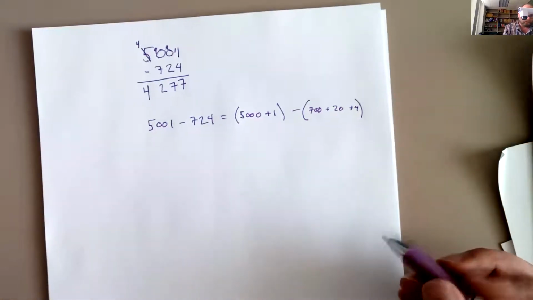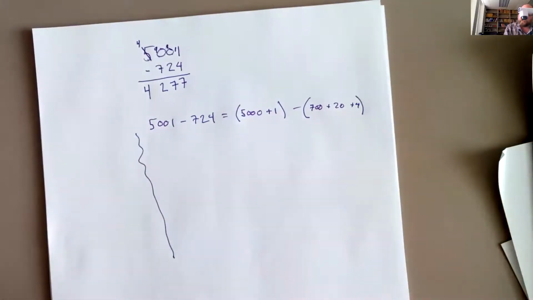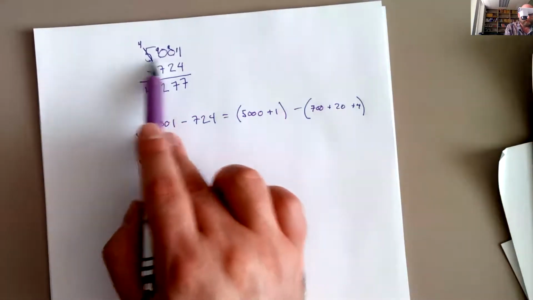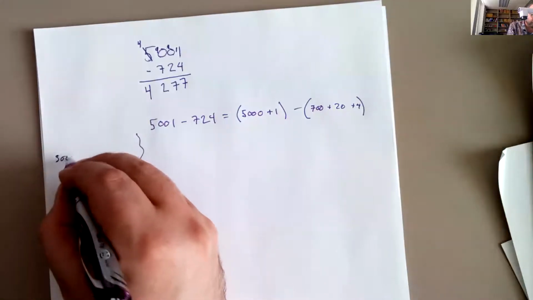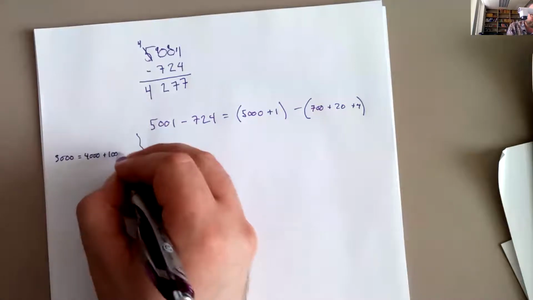So what we need to do, and I'm going to go sort of off to the side here, we need to pull 1,000 from the 5,000. Okay, so 5,000 is 4,000 plus 1,000.